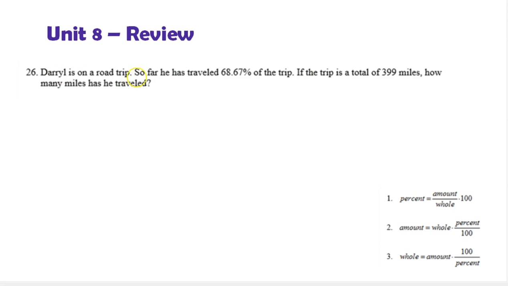Daryl is on a road trip. So far, he has traveled 68.6% of the trip. If the trip is a total of 399 miles, we are asked to find how many miles he has traveled. Let's figure out what we're given and what we're looking for.